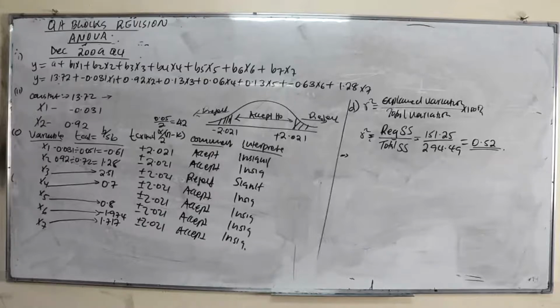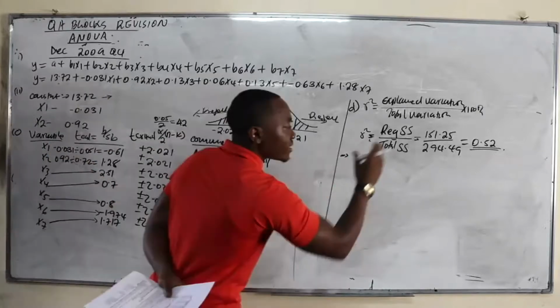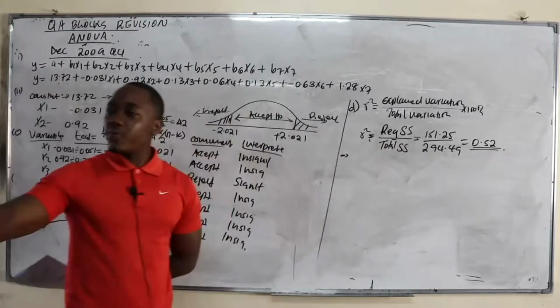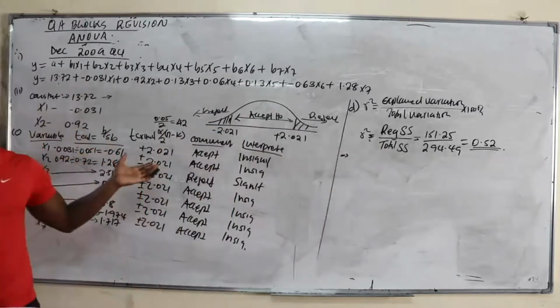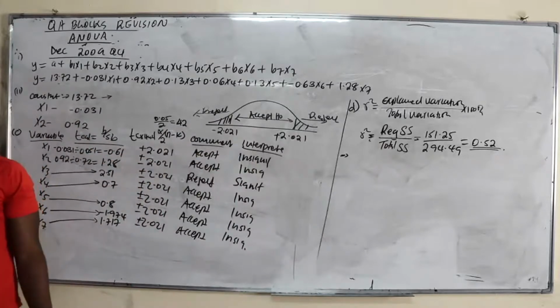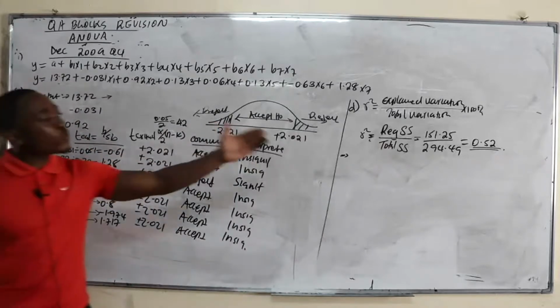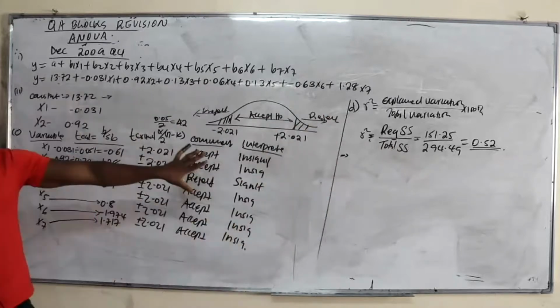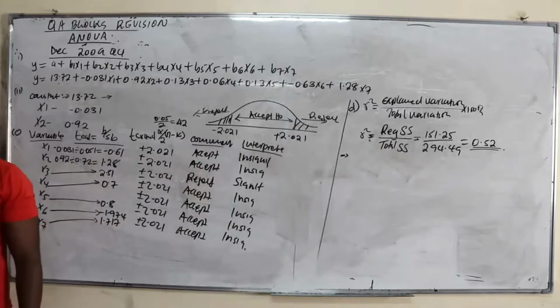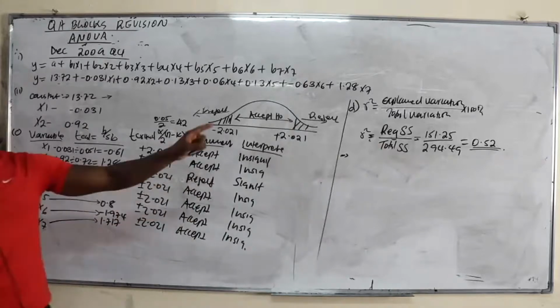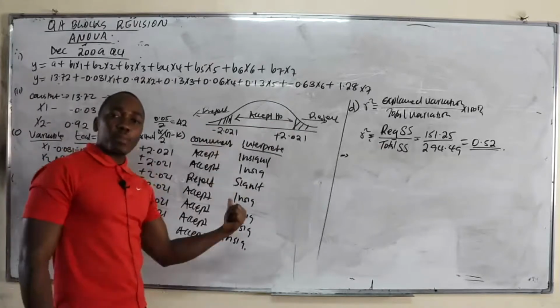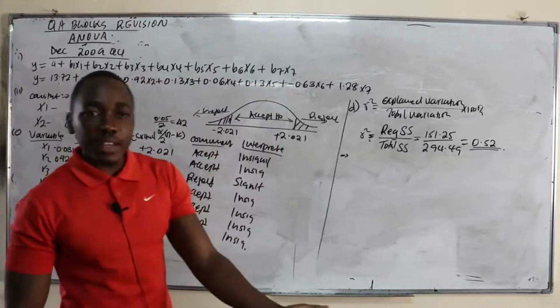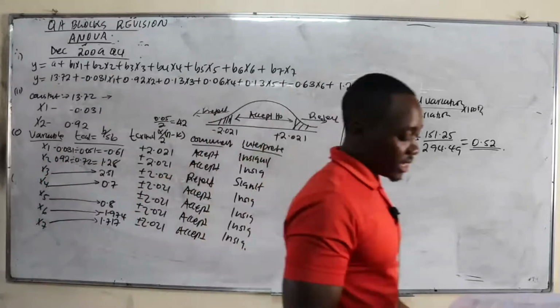Yeah, stop from that point. That's what I wanted. Are you together? That 52% of the level of job satisfaction is explained by the above 7 variables. It's only that 52% of the level of job satisfaction is explained by the above variables. Or you can also say that 52% of the above variables explains the level of job satisfaction. Good.